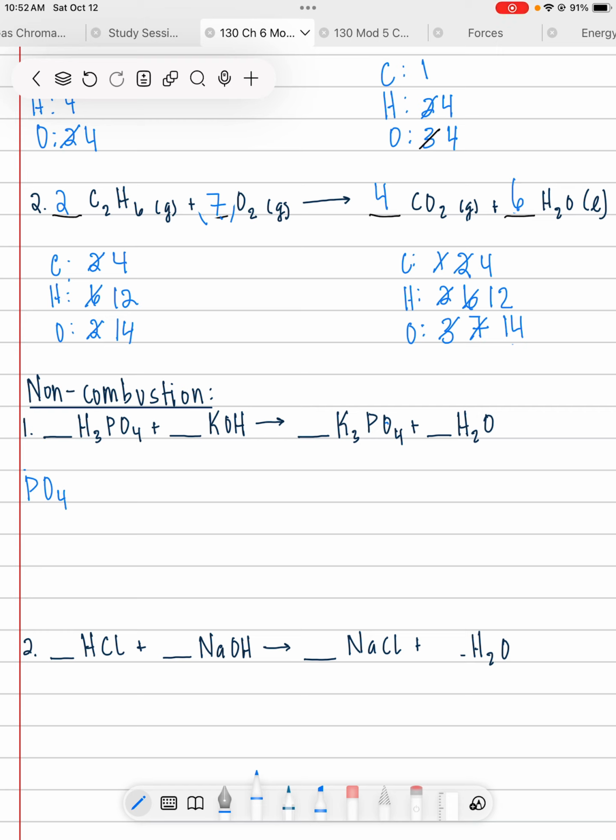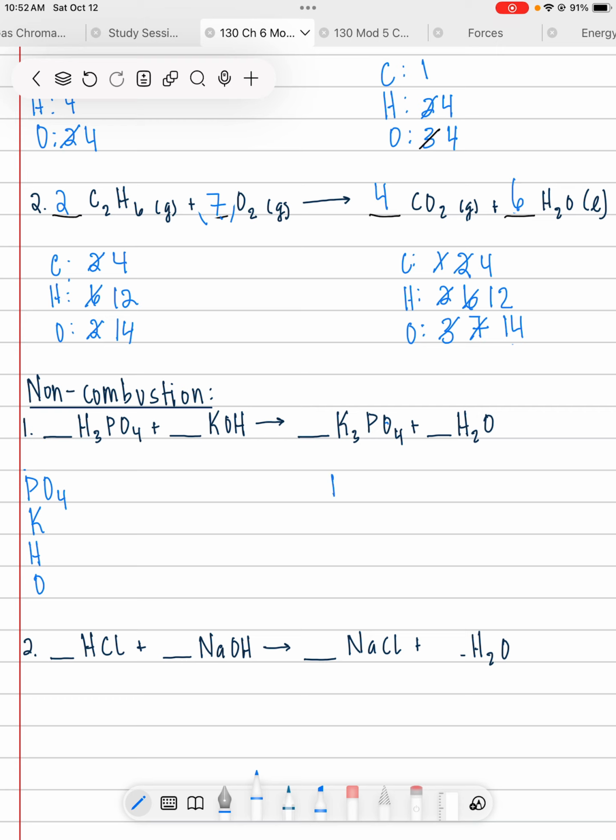All right, now I have a potassium here, so I'm going to write K, and then I want to do my hydrogens before my oxygens. And then I do have an oxygen right here that isn't a part of the phosphates. Do you see that? So here's an oxygen and here's an oxygen, and they're not a part of the phosphates. So they're separate.